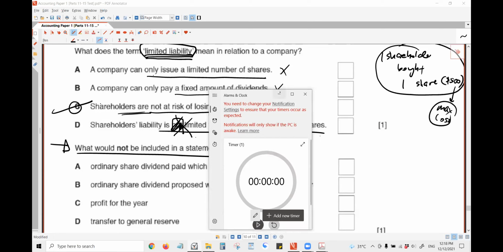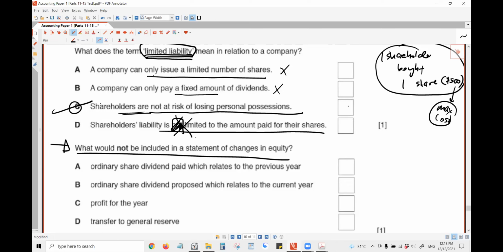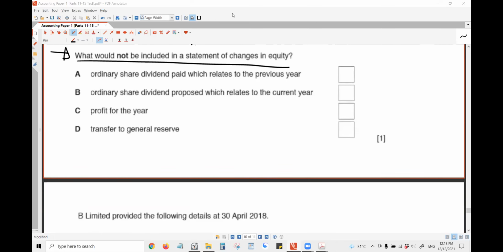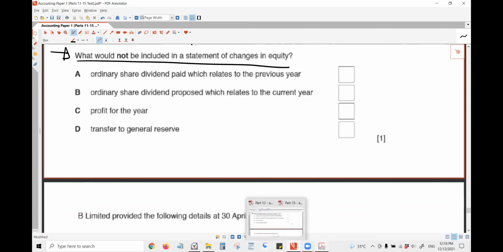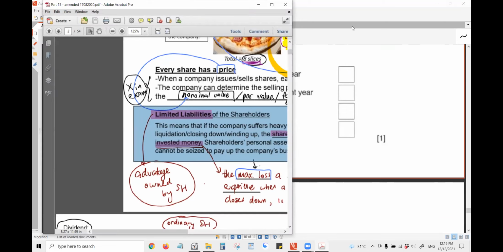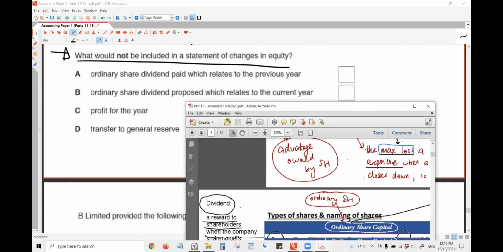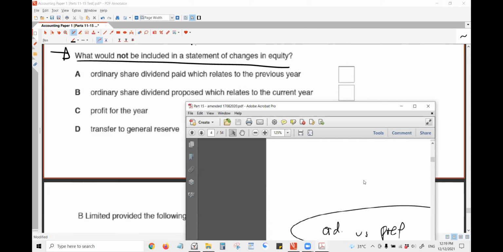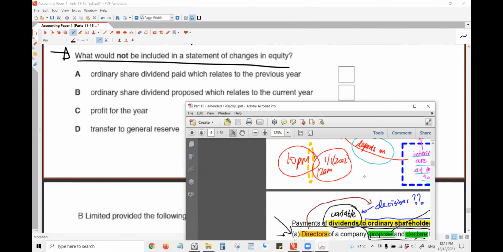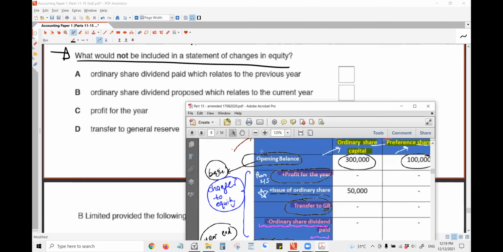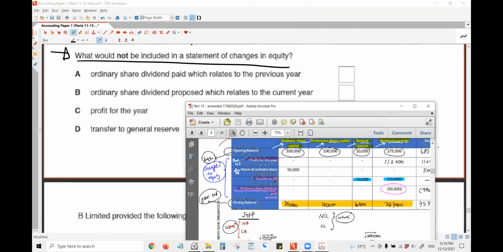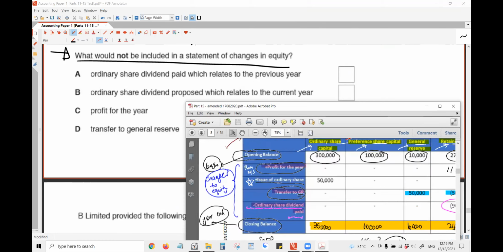Time's up. They ask you what would not be in the statement of changes in equity. 3 of you have answered correctly. If you got it wrong, you learn from the question again. Let me show you the statement of changes in equity. Those who want to change answer, you tell me. This is statement of changes in equity.